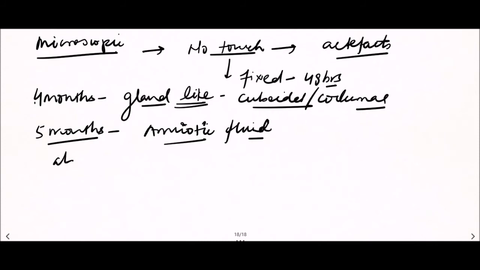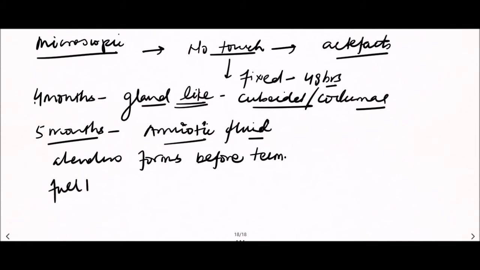So alveolus formation occurs before term. Now at full term, the normal fetal lung is almost completely atelectatic, but many of its terminal bronchioles and vesicles are partially expanded by amniotic fluid.